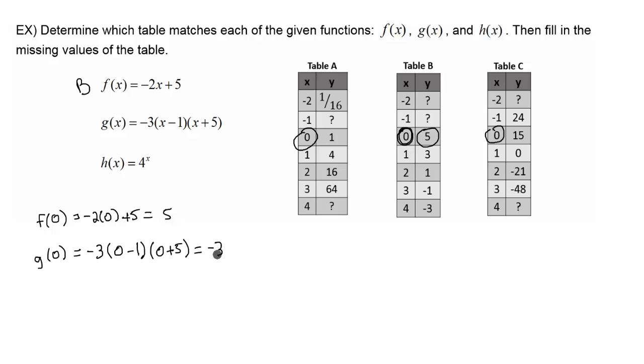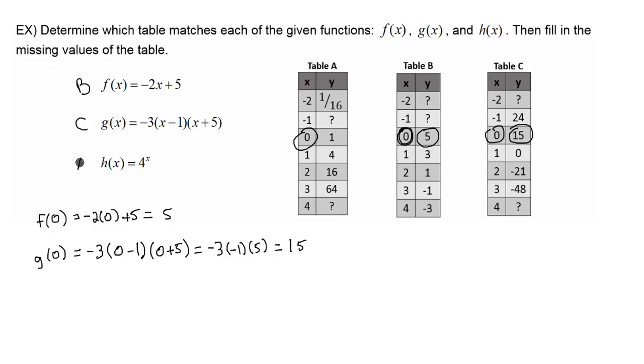I've got negative 3 in front, and then 0 minus 1 is negative 1, and 0 plus 5 is 5. So negative 3 times negative 1 is positive 3, times 5 is 15. So when x is 0, my y should be 15, and that happens on table C. So it looks like g of x is going to match up with table C.